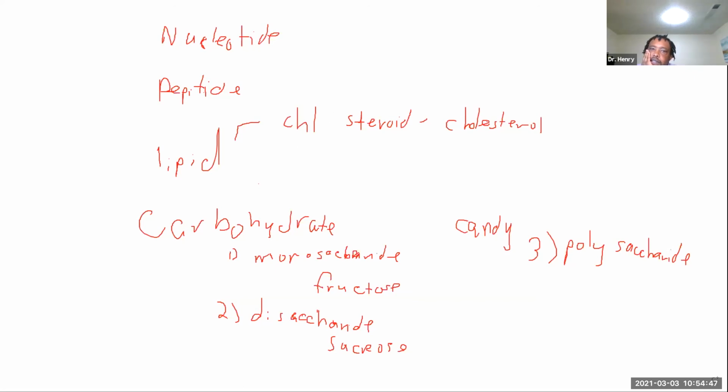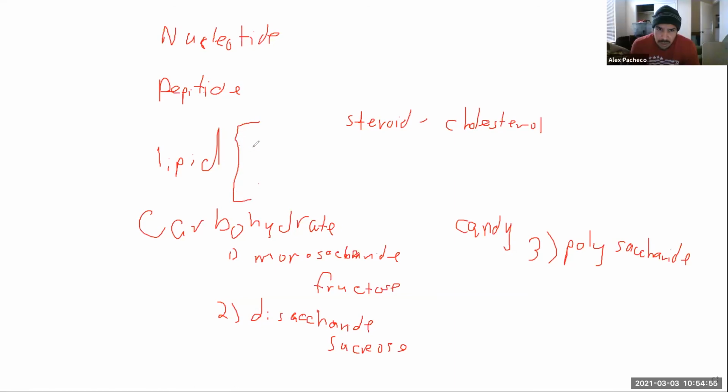What else? What other type of lipids do we have in our body? Saturated fat and unsaturated fat. So we had those fats, and those fall under which category? You remember? Phospholipids. Nope. Try. Triglyceride.